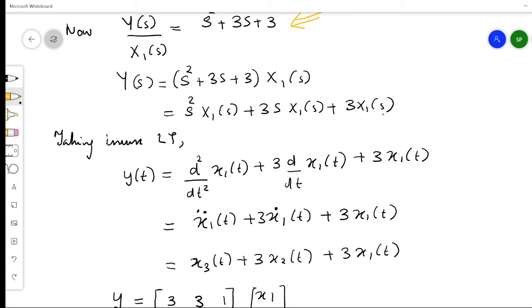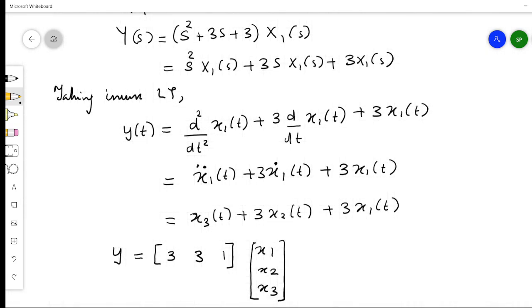And 3 x1 of s inverse will be 3 x1 of t. So now we got this differential equation. Now what we can do is we can write d squared by dt squared x1 t means it is x1 double dot, d by dt x1 means x1 dot, plus 3 x1. So we just replace the d squared by dt squared with this dot form. Okay, now we have this equation.